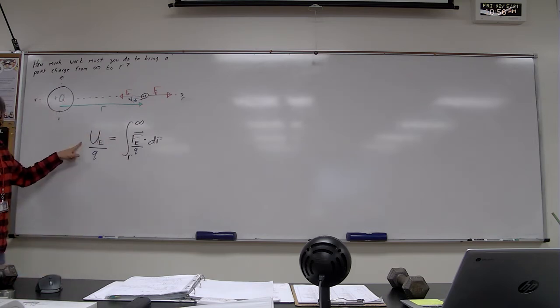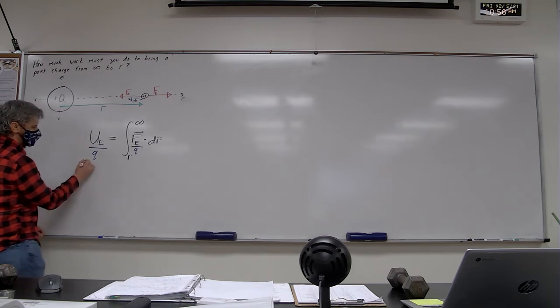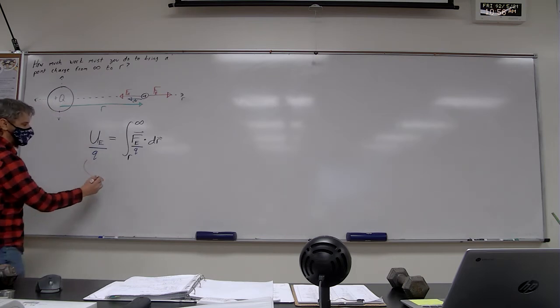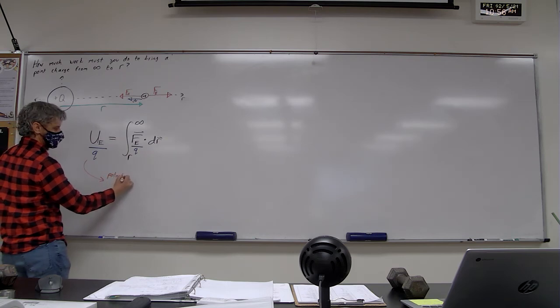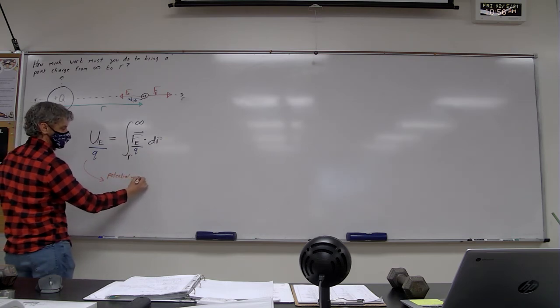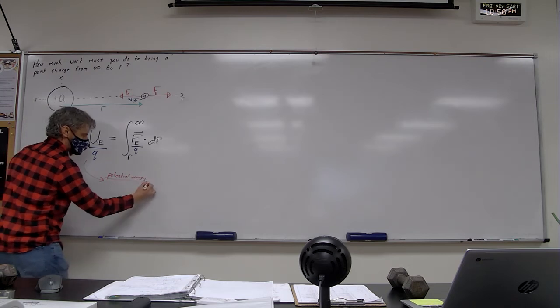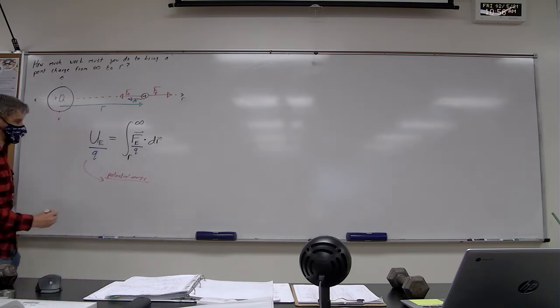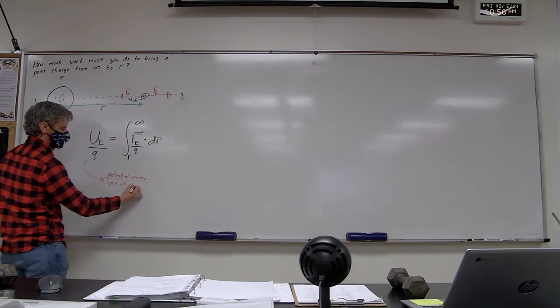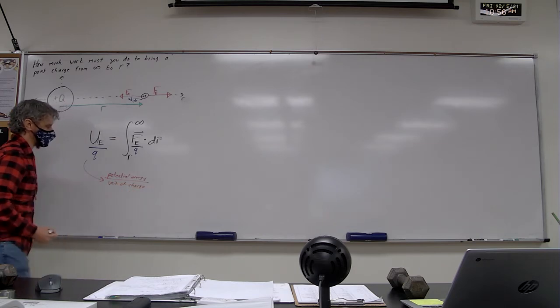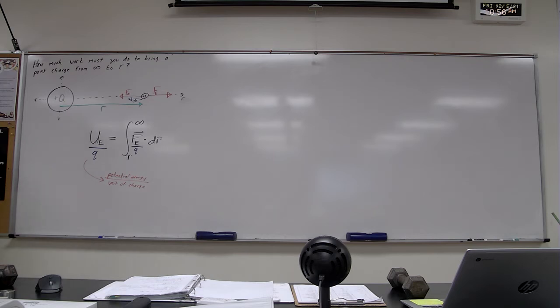Well, look at the units for this quantity here. It is the potential energy per, which means divide in math language, unit of charge. Potential energy per unit of charge.